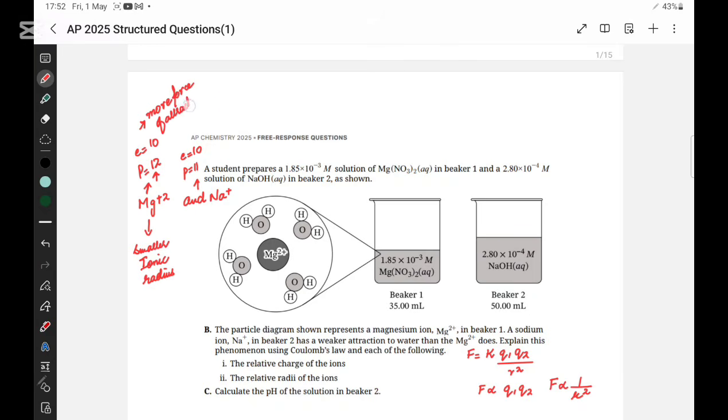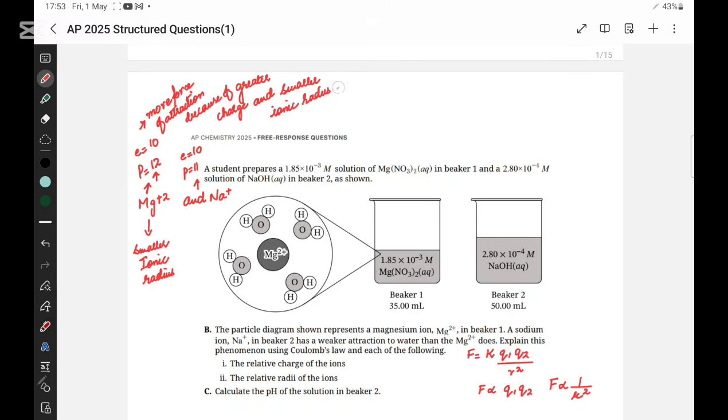So it is going to have more force of attraction because of greater charge and smaller size. More force of attraction because of greater charge and smaller ionic radius.